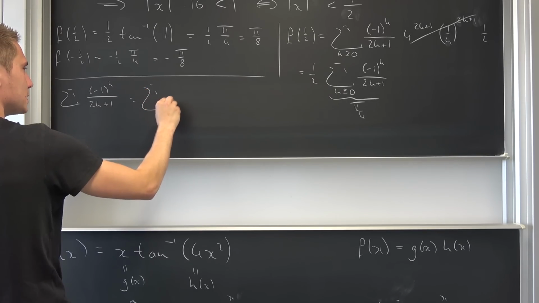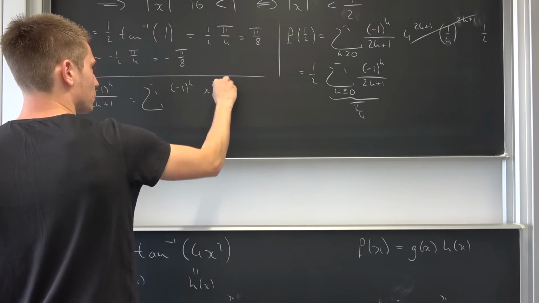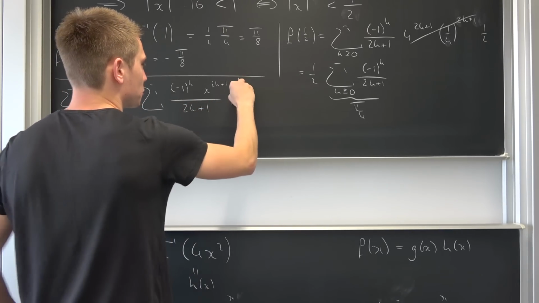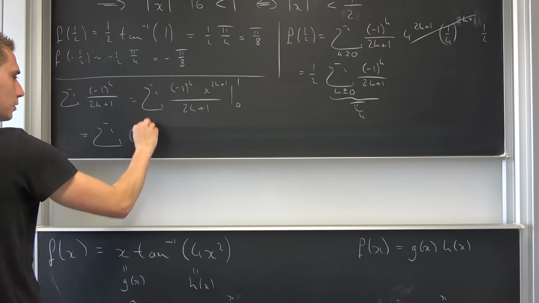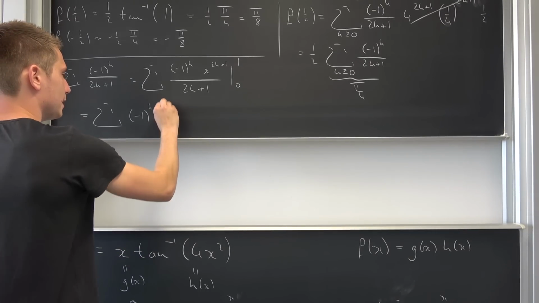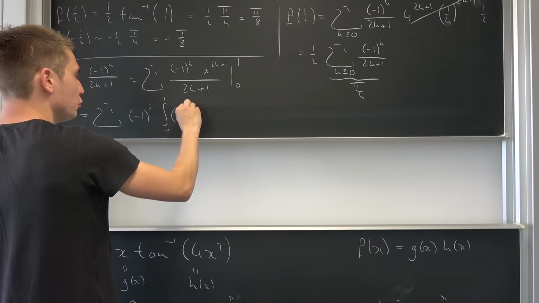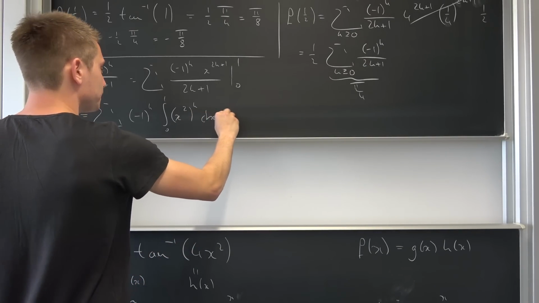But this is just our series, negative 1 to the kth power, x to the 2k plus 1th power over 2k plus 1. I hope you can see where this is going, from 0 to 1. Meaning, this is just negative 1 to the kth power, the series integral from 0 to 1 of x to the 2th power to the kth power dx.